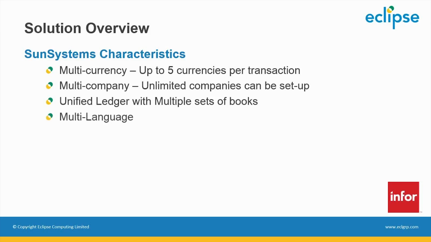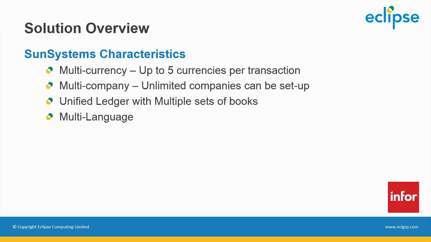And again, multiple languages. Languages are an area where SunSystems has traditionally been very strong, and that's certainly carried through to the latest release. So we have a lot of support for all sorts of languages, ranging from the European languages right through to Greek, Arabic, right to left languages, Hindi, Japanese, Chinese. So pretty much any language in the world, there's localization, there's a language pack for SunSystems that can deal with that.